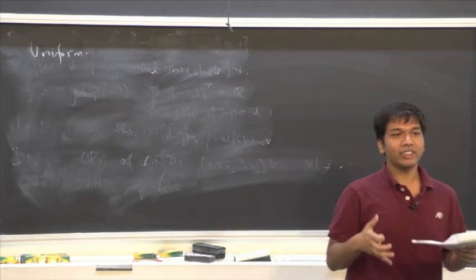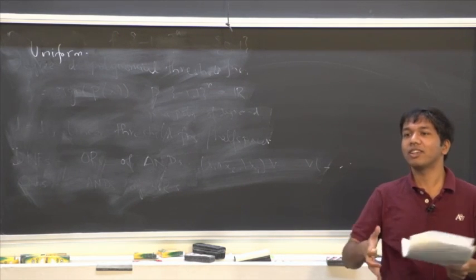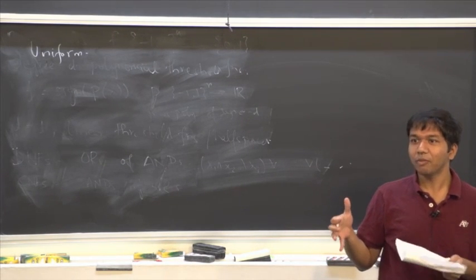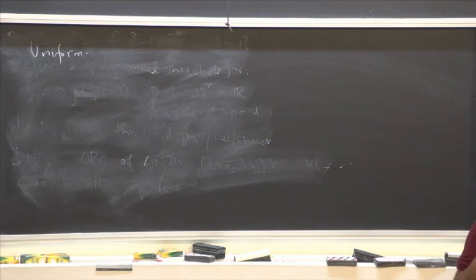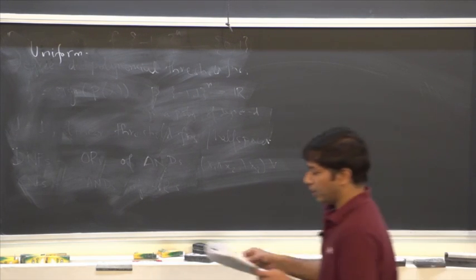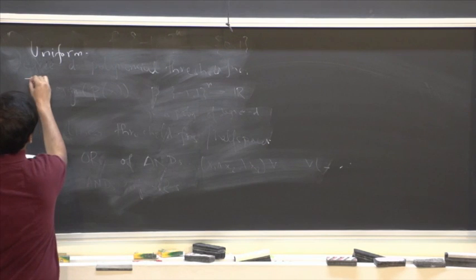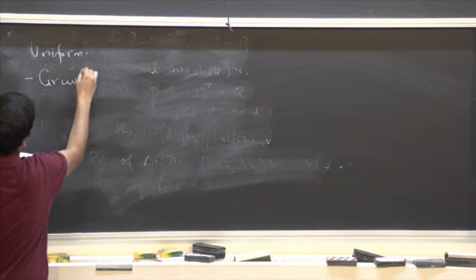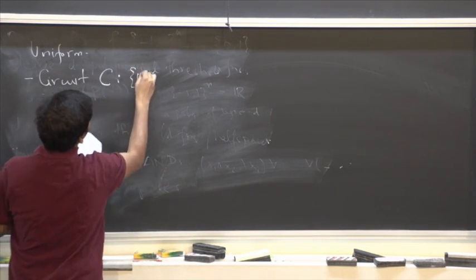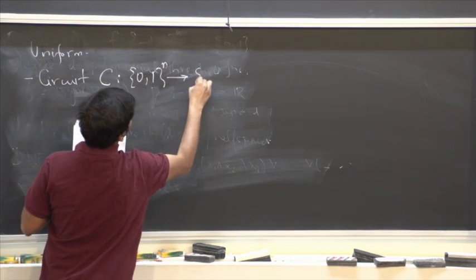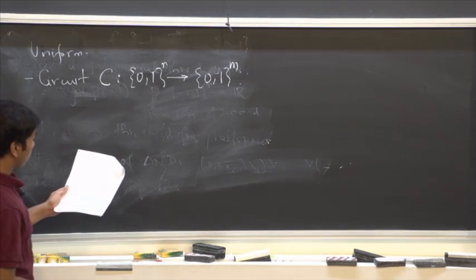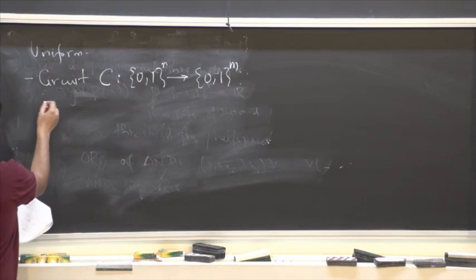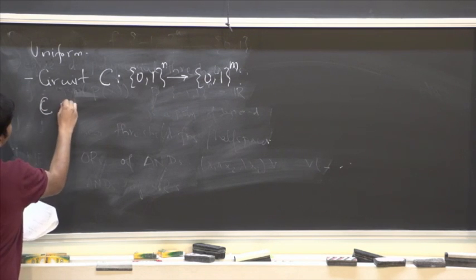Okay. So now we'll generate low complexity distributions by massaging these uniform distributions. One way of generating low complexity distributions is that the generation process is very simple, meaning that there's a circuit C which maps n bits to m bits, and this circuit C is very simple.